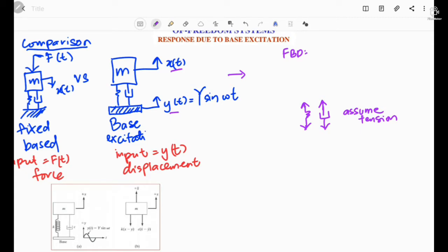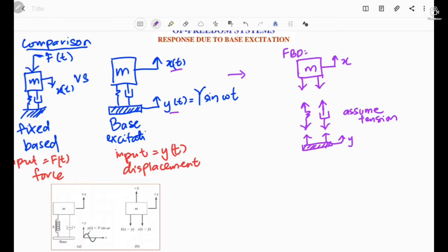Then you draw action, reaction on the mass. What is important here is your equation of motion is based on the mass. So you want to draw that. You can also draw your base if you want. If not, then it's okay, because your equation of motion is going to be based on the mass.